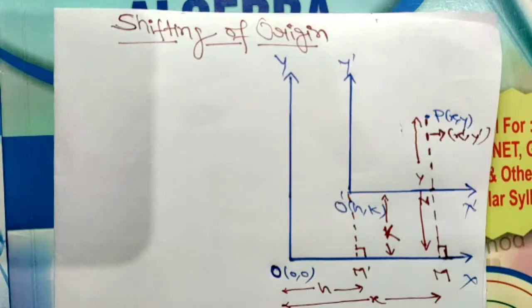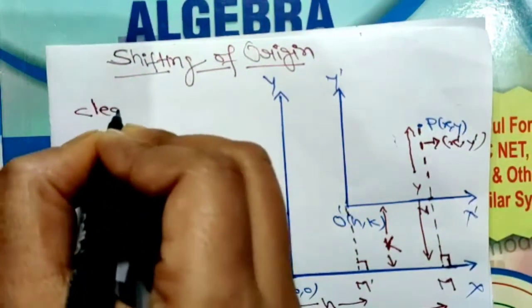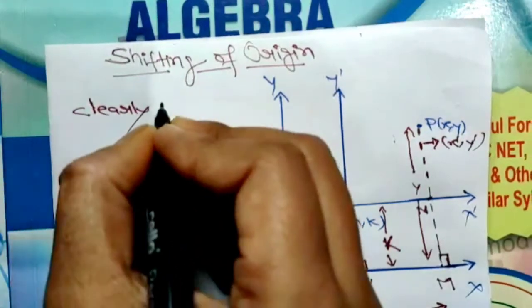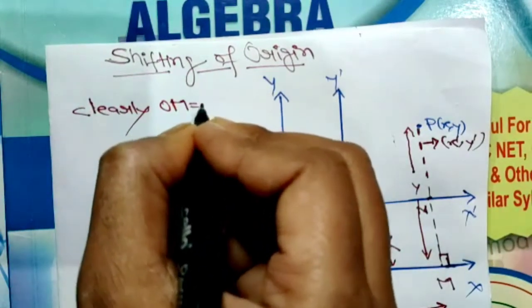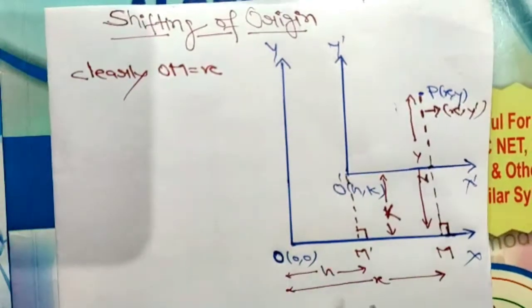Now what we know clearly: OM is equal to x.